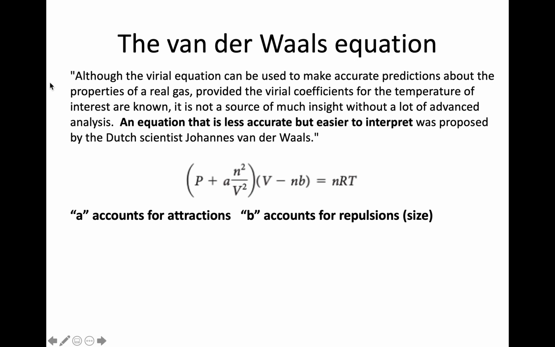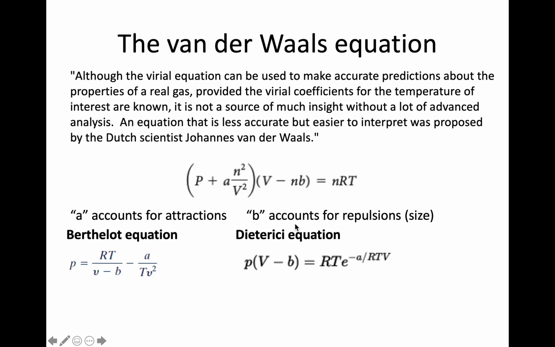The van der Waals equation right here is a description of improving our model. It is not as complete as other ones, but as Atkins notes, it's easier to interpret. So this one's helpful because it gives some insight into what's going on, insight into accounting for both the attractions and the repulsions.